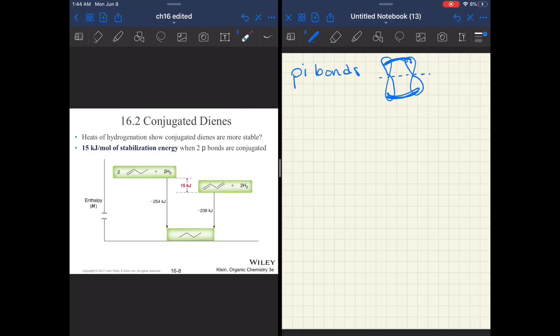When we have two isolated double bonds, we have a certain amount of energy, here negative 254. So when you hydrogenate this conjugated double bond, very similar in size, you might expect it to give off the same amount of energy. But because that conjugation is stabilizing, this whole compound is lower in energy anyway. So you get a smaller energy difference when you hydrogenate.